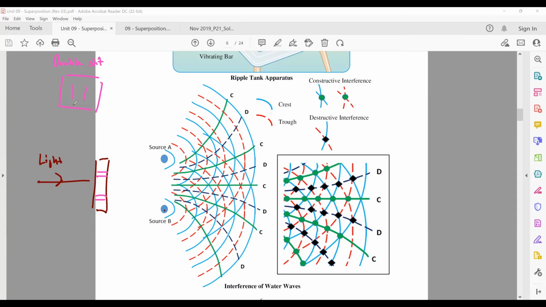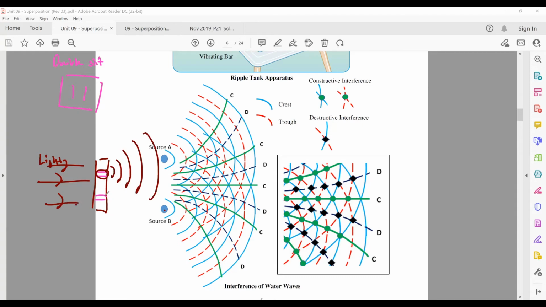So each slit here in itself would act as a source of light. Because you see, when you shine light onto a double slit here, each of these slits will act as a separate source of light. So when light hits this one, it will cause a new source of light, and it will spread out in circular wavefront.